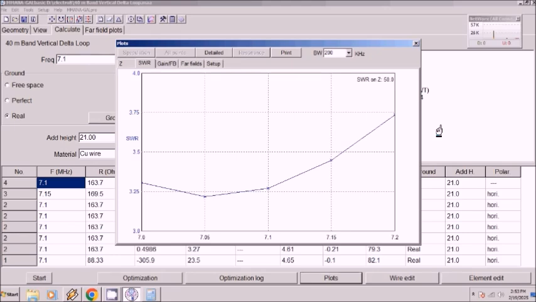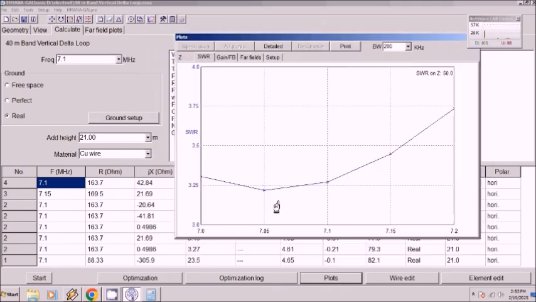Okay, now here is the SWR bandwidth. The minimum SWR is at 7.05 megahertz. The value of SWR is 3.2. This is 3.25, this is 3.2.